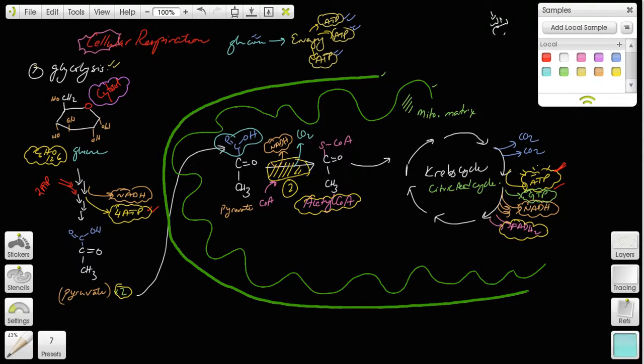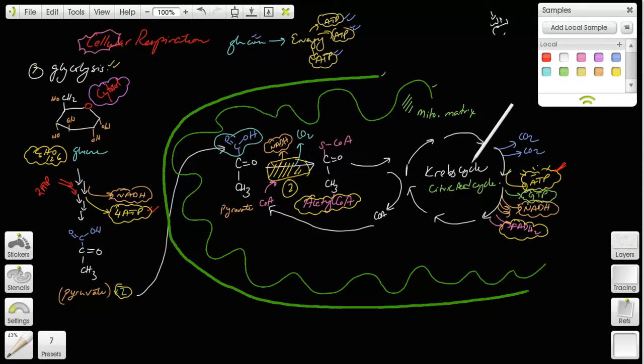Now, one last thing I must suggest here: acetyl-CoA basically delivers these 2 carbon molecules into the Krebs cycle, and CoA is also released, so CoA can go back and bring in more pyruvate into the Krebs cycle like this.